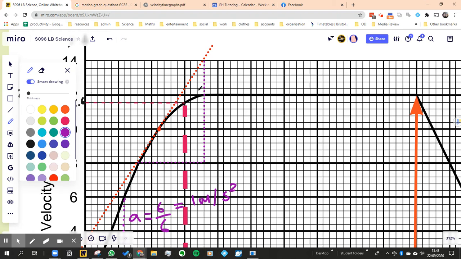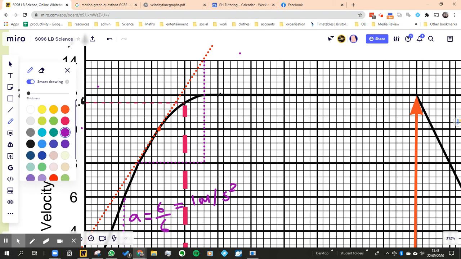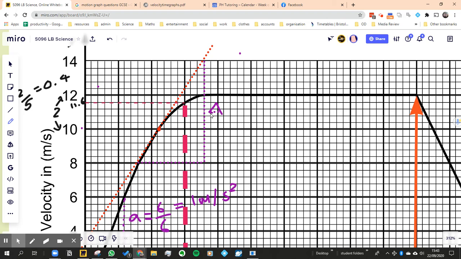So the gradient of that dotted line, which is a tangent to the curve. So we're going up from, if I can get rid of that thing over there, good. It goes from 8 to 14. So the change in y, let's turn off smart drawing.